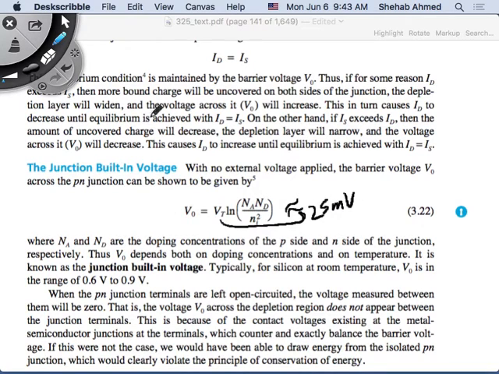And it makes sense that this barrier voltage depends on the concentration of acceptors and the concentration of donors, right? It has some temperature dependence as well, because it has the intrinsic carrier concentration in the equation.